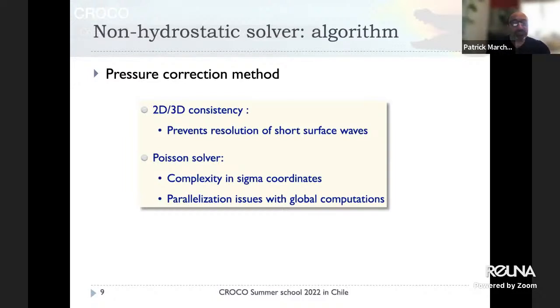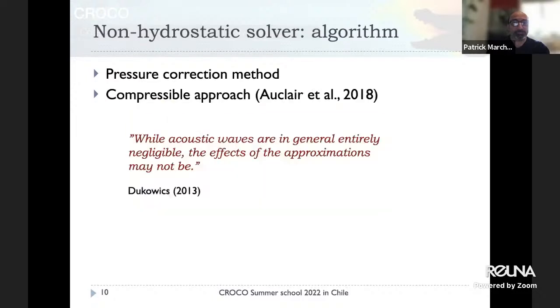And then there is the problem of the Poisson solver. First of all, there's a complexity in sigma coordinates with these solvers that are quite hard to circumvent. And then there are parallelization issues with global computations of this solver. And I will illustrate that a bit after.